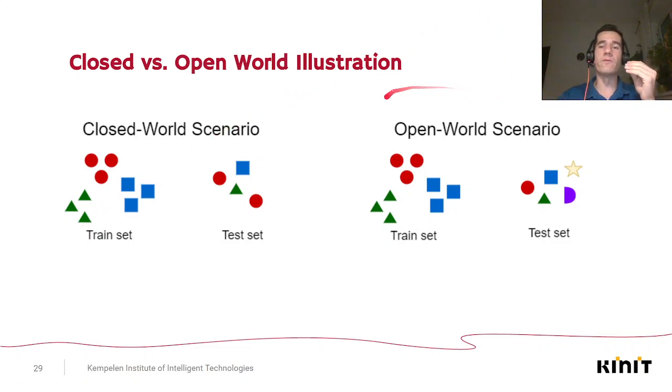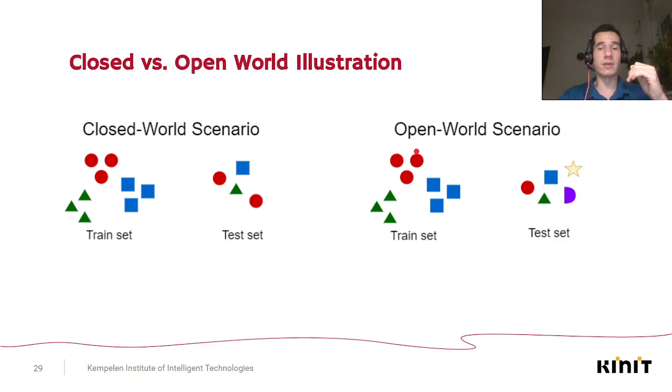However, the open world scenario, which is much more realistic in practice, considers, for example, a new type of attack that emerges that our model was not trained on, or a new type of protocol to analyze, which again our model wasn't trained on because it didn't exist in the past.